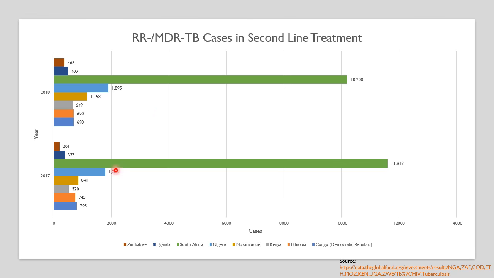The good thing is, though, that with the limited data I was able to get from underdeveloped nations between 2017 and 2018, the African countries are actually stepping it up in getting the MDR cases that need it into second line treatment.